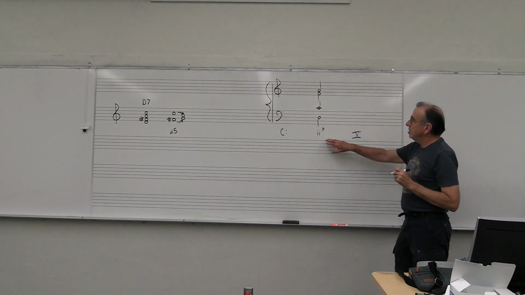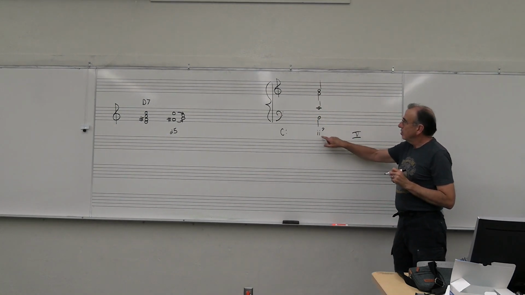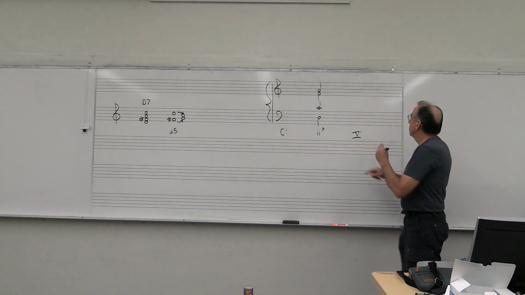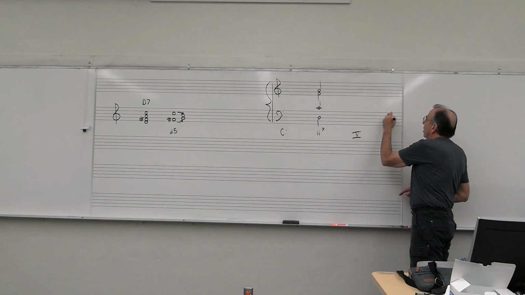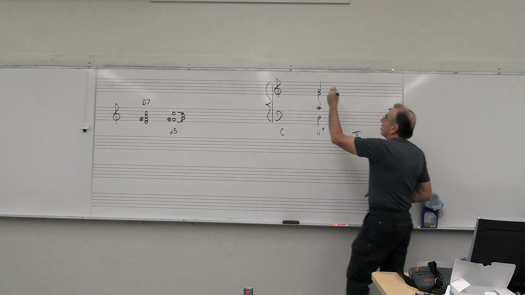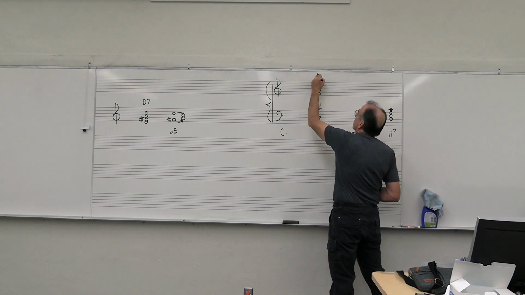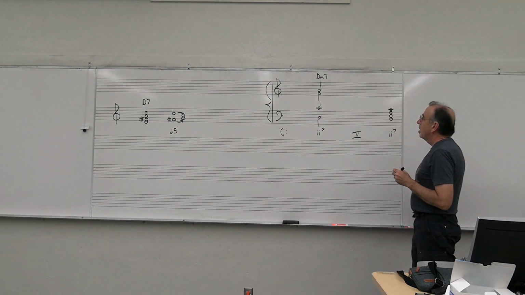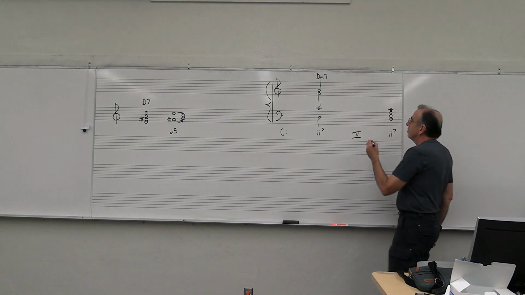In the key of C, the 2 chord is a D minor 7 chord. It's D, F, A, and C. That's my 2, 7. Or I can put that here, D minor 7. And I'm resolving it to 5.